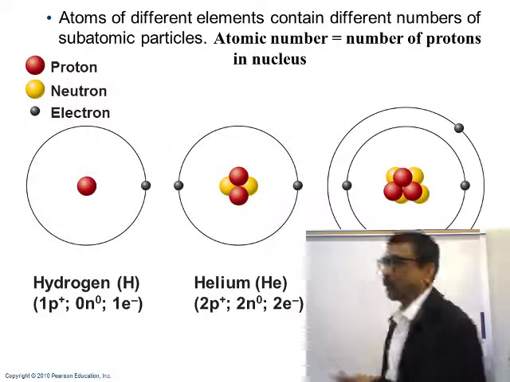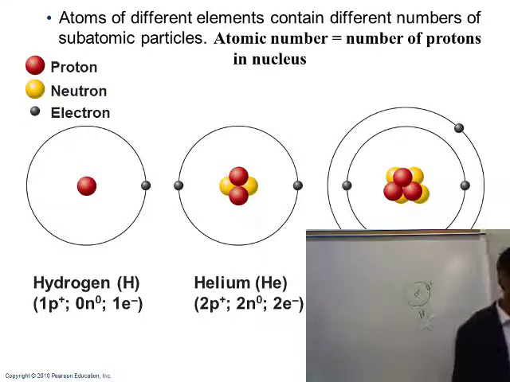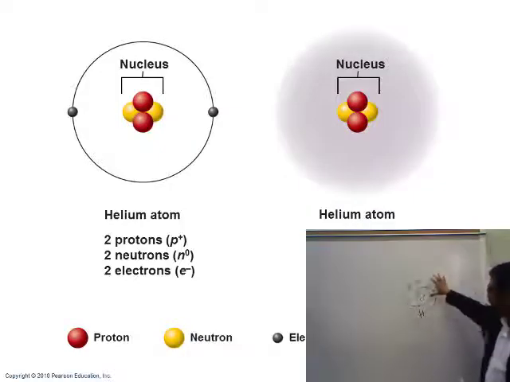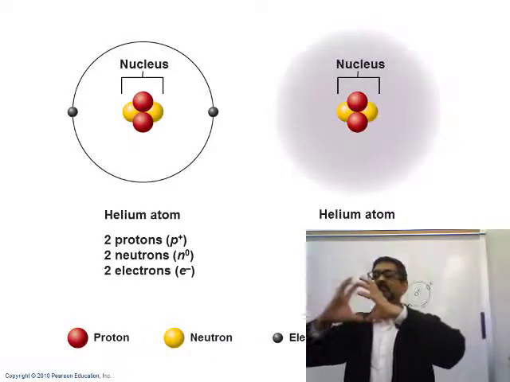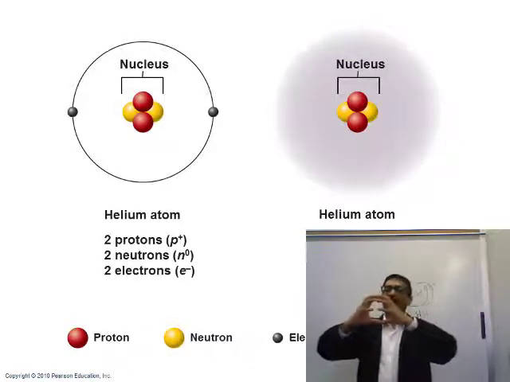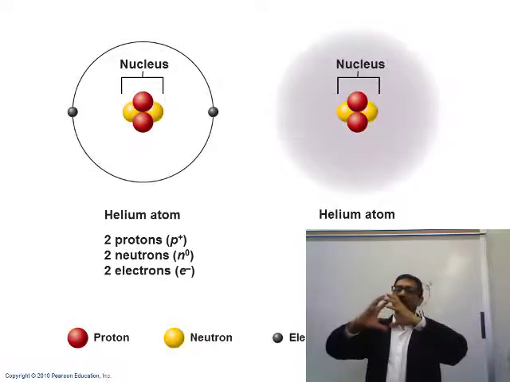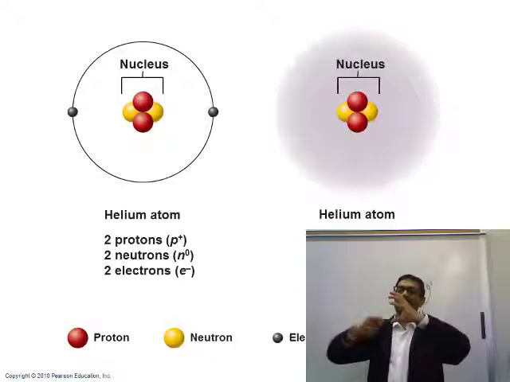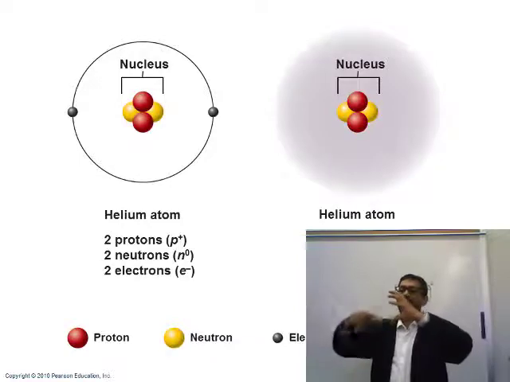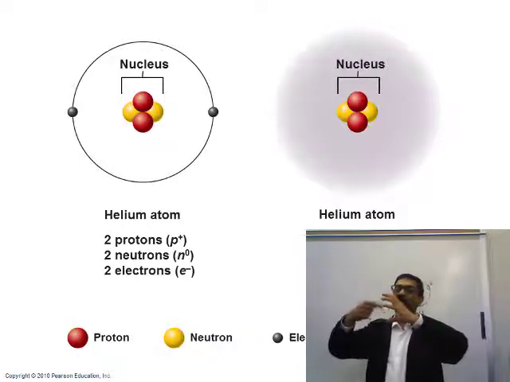Electron cloud. This is something interesting. This is 2D. When we draw the picture, we draw 2D. But actually, if you see the atom, the nucleus is inside and it's spherical, and the electrons are orbiting, moving, encircling around the nucleus.